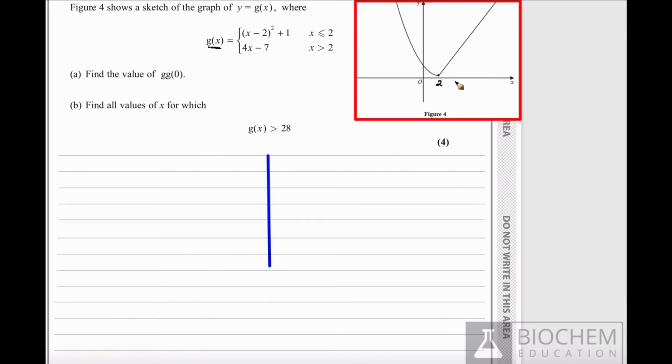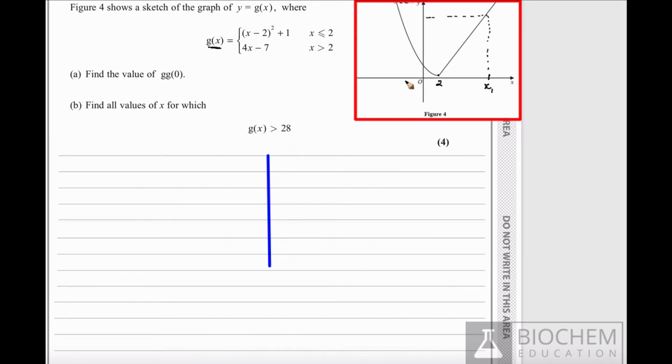So for any values of x greater than 2, as the straight line is increasing, the corresponding y values are also increasing. So there will be an x value, let's say x1, that will give us a corresponding y value of 28. And for all the values greater than x1, the answers will be greater than 28.